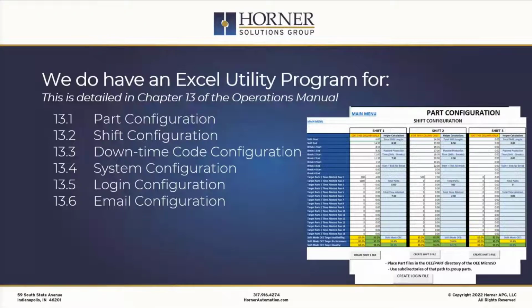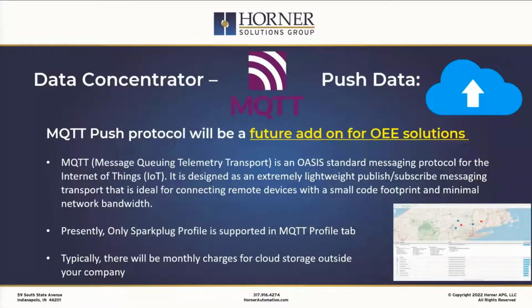We talked about MQTT as a future add-on for us, and this is really the push data to the cloud, and it gives them the ability to do large multi-plant applications. So in the lower right, you can see a screen showing a map. You've got, in this case, 5 different plants, and you can see the status.